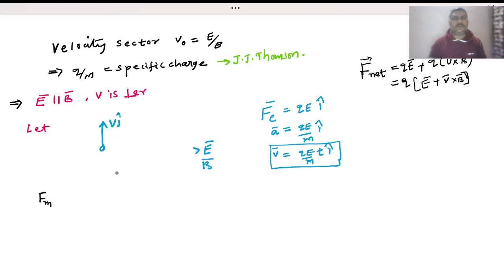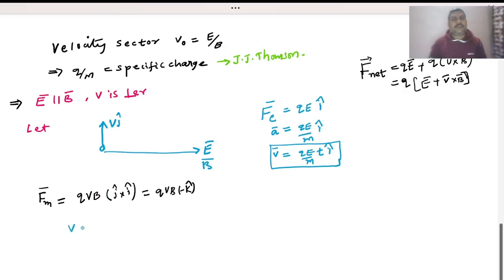Now the magnetic force F is equal to Q V B, J cap cross I cap. That means it is Q V B in minus K cap. The force direction is minus K cap, but the path is along a helical path like this, with variable pitch.